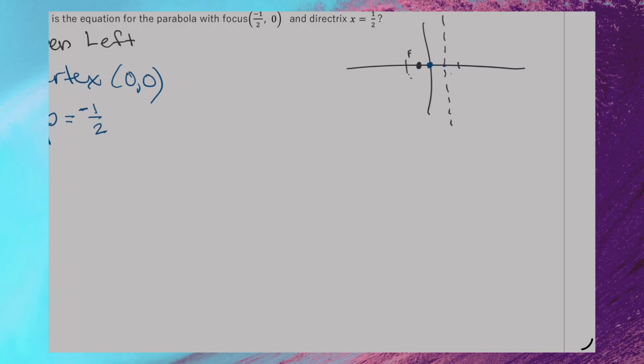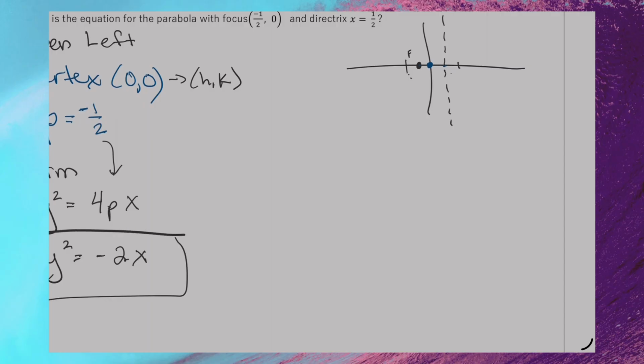Now, if it opens left, that means the form is going to have a y squared, because y squared is your opens to the right or opens to the left. Now, I didn't put h and k in there because the vertex is your h and k, and it's 0, 0. Okay, so y squared equals, if I put my p value in there, I will get a negative 2x. And there's the equation for the information they gave us.